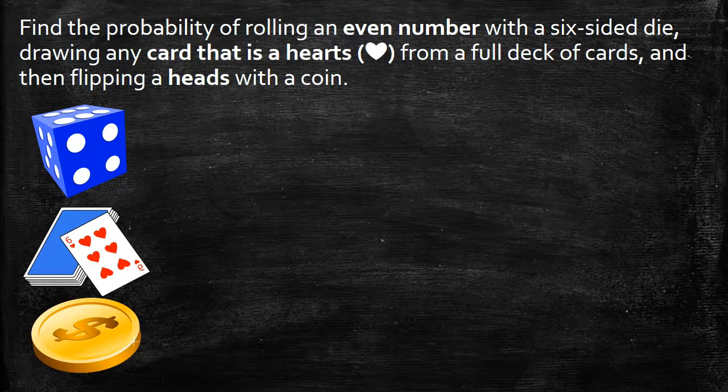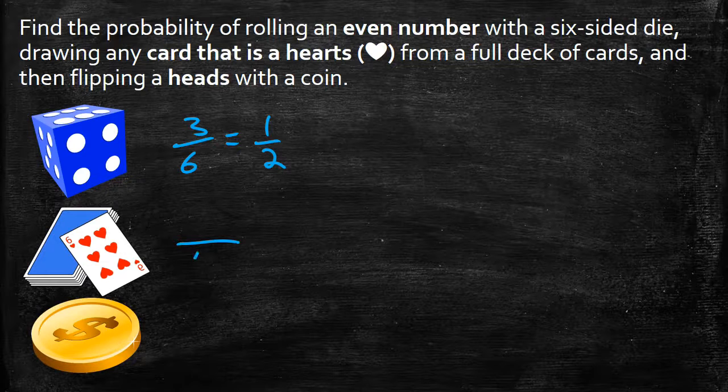So I'm going to start by finding the probability of each individually. I know I can roll an even number, so that's a 2, a 4, or a 6. That's 3 out of the possible 6 outcomes when we roll a die, and I'm going to simplify that into lowest terms, which would just be 1 over 2. And I'm going to look at pulling a heart from a full deck of cards.